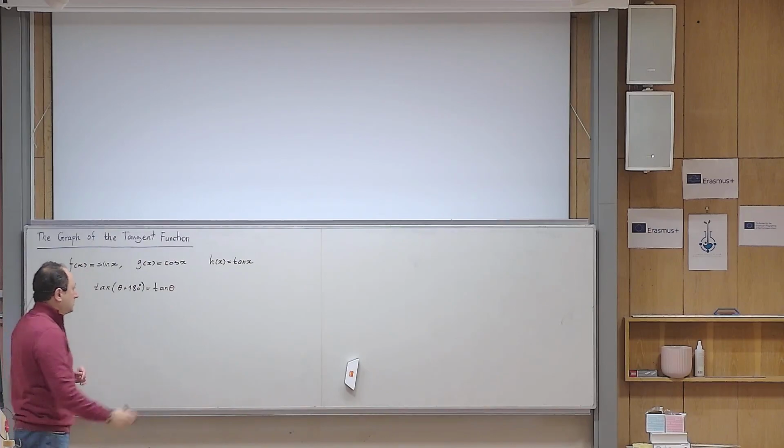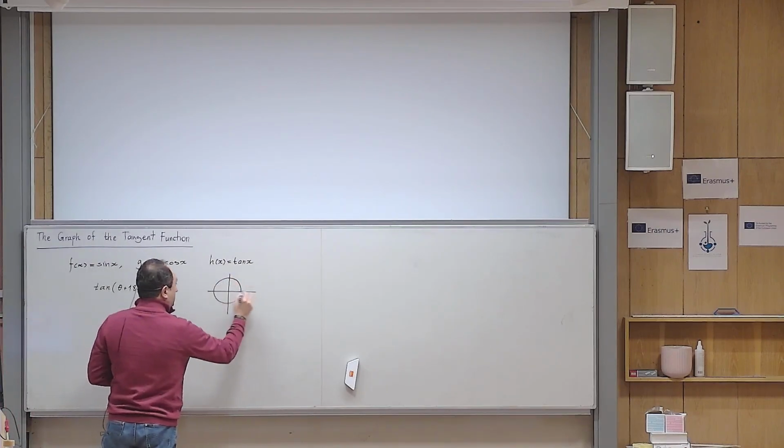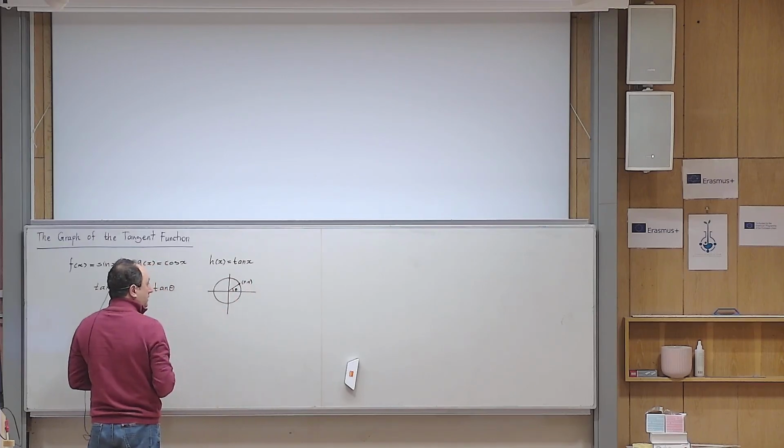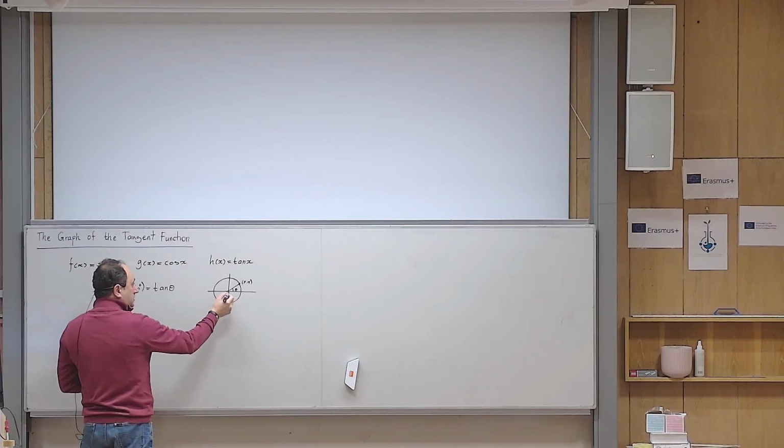Okay, so if I want to review this, for example, if you have this unit circle, if this angle is theta, and the coordinates are x and y, if I add 180 to this angle, I will end up exactly at the opposite point, yes?